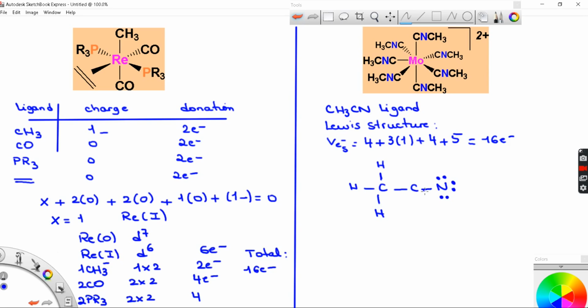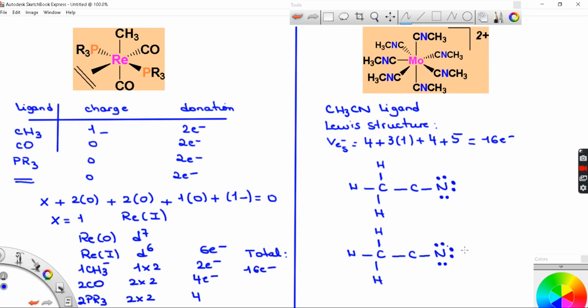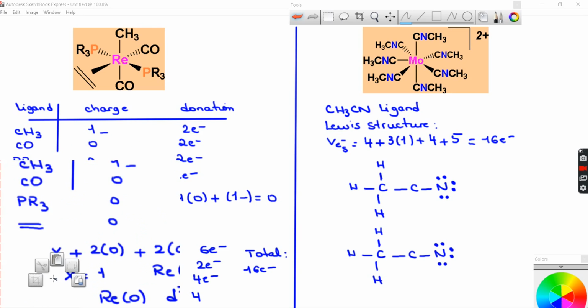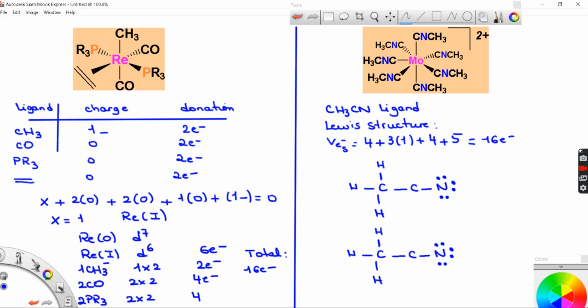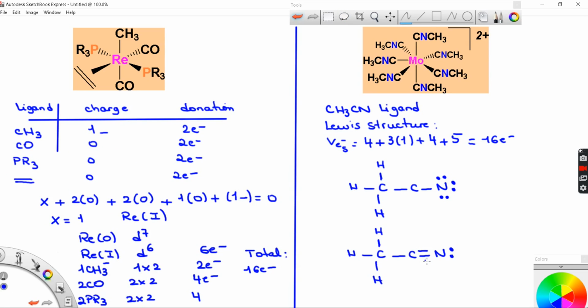This carbon does not have orbital completely filled, so we transform the lone pair of nitrogen to a bond on C. Okay, so this is the structure of acetonitrile.